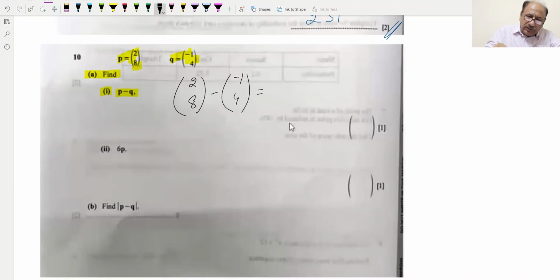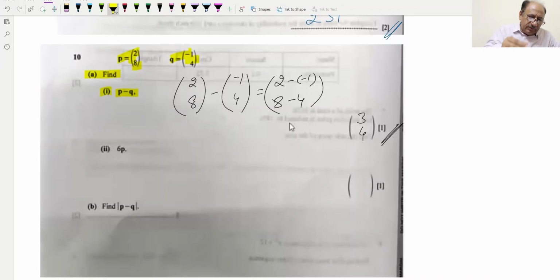So we can rewrite it as 2 minus -1 and 8 minus 4, and this simplifies to 2 plus 1, so it will be 3, and 8 minus 4 will be 4. This will be the final answer for 1 mark.